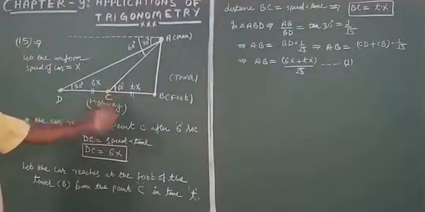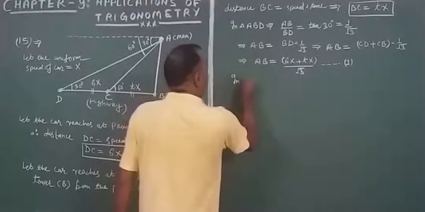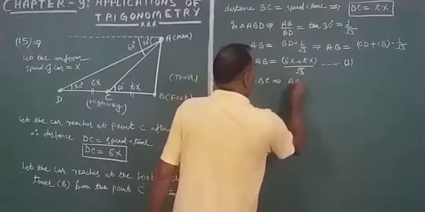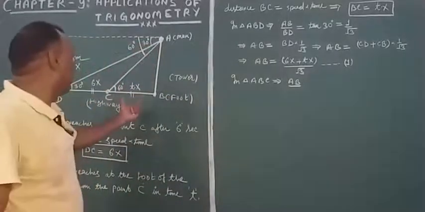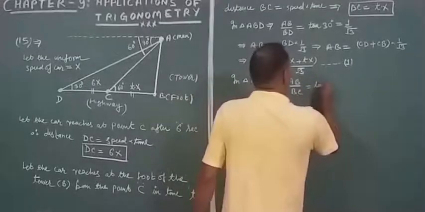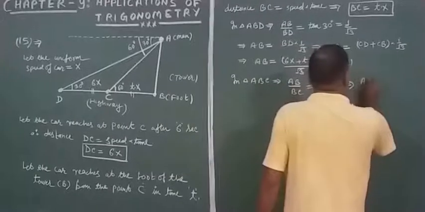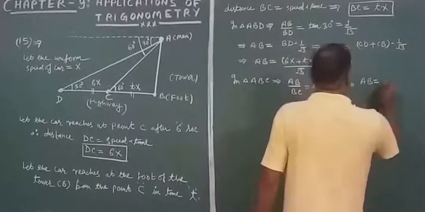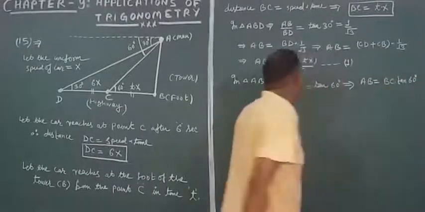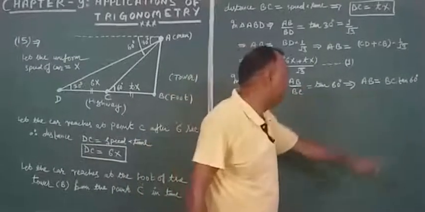Now look at the triangle ABC. Again, in triangle ABC, this AB, this perpendicular upon BC, that is tan 60, or you can say AB is equal to BC into tan 60.